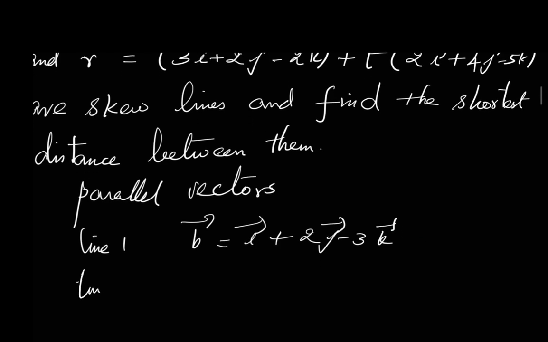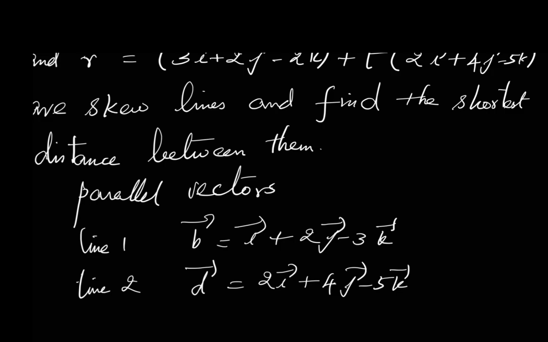For the second line, the parallel vector d is equal to 2i plus 4j minus 5k. Look at these two parallel vectors. If these two lines were parallel, one vector could be represented as a scalar multiple of the other.